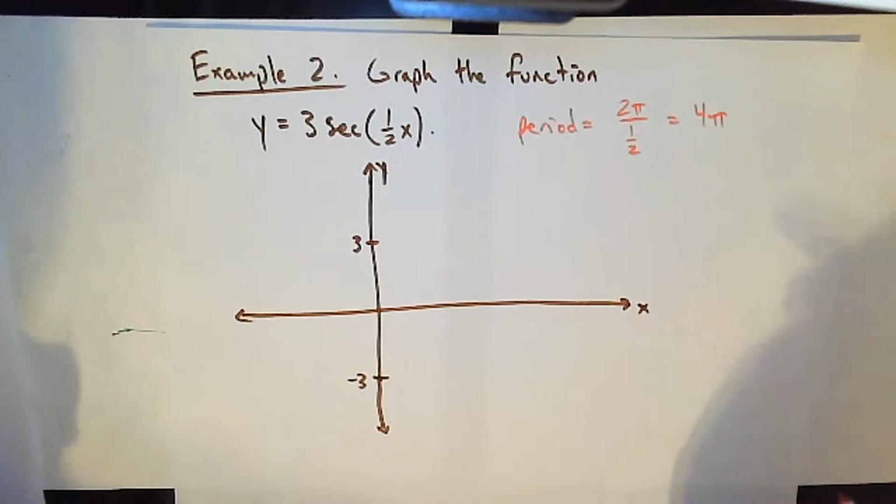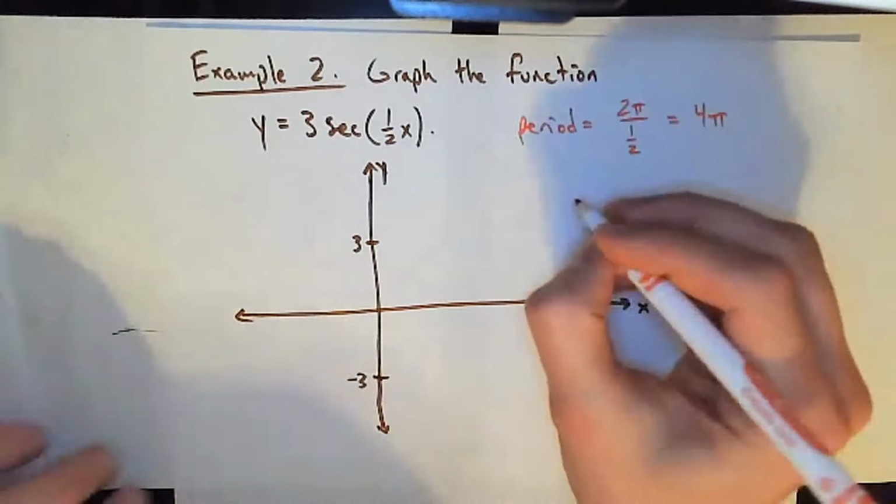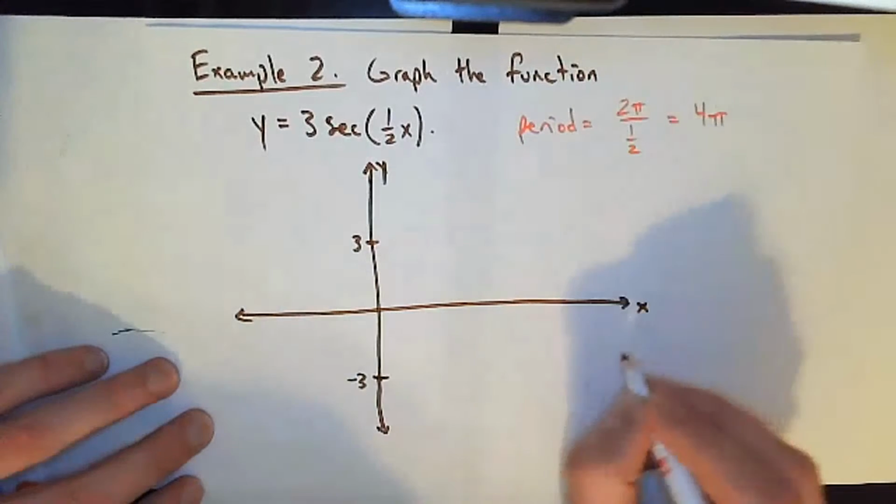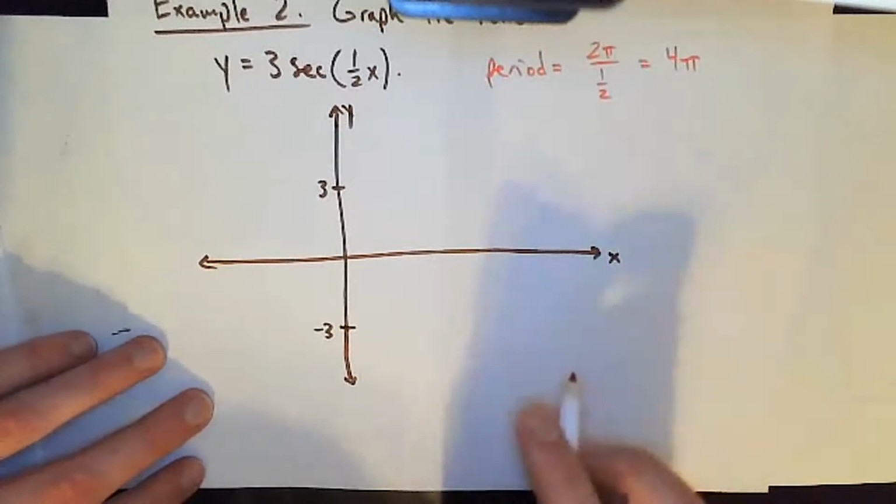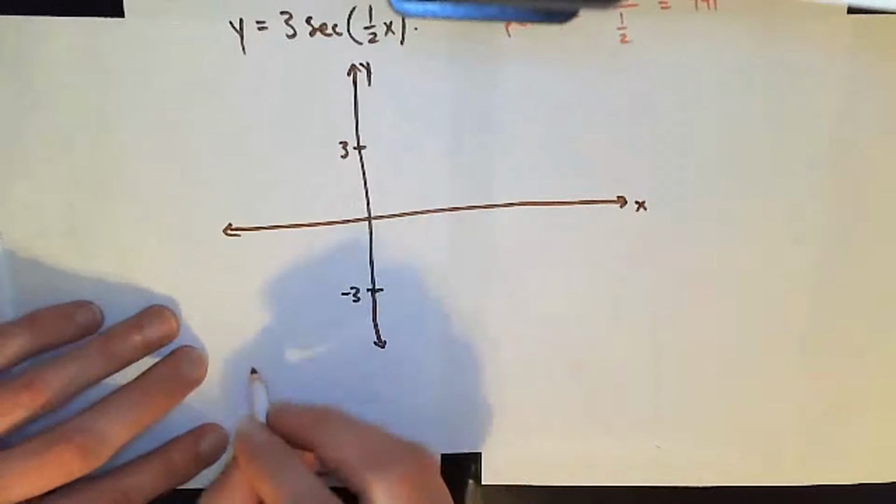Now the question is, do I graph on 0 to 4 pi, or do I graph on, where do I want to put the question? Because I don't want to write over the space. I guess down here.